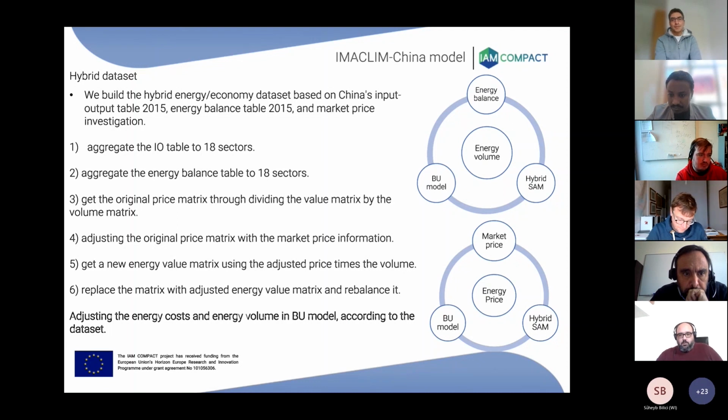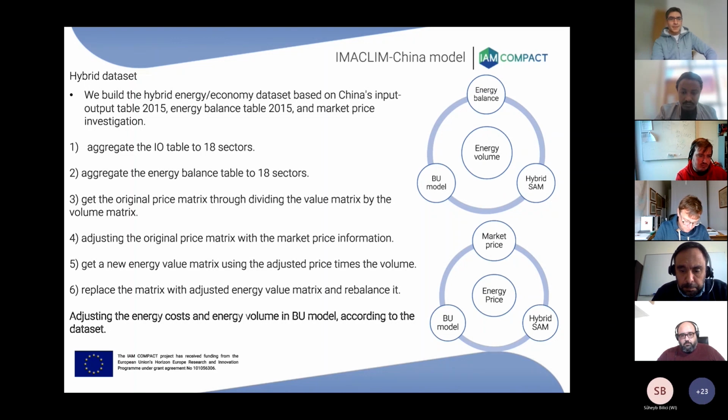So we can get the original price matrix by dividing the value matrix by the volume matrix. Because the original price matrix is a little different from the market price we investigated, we adjust the original price matrix based on our investigations, and then get the energy value matrix using the adjusted price times the volume.